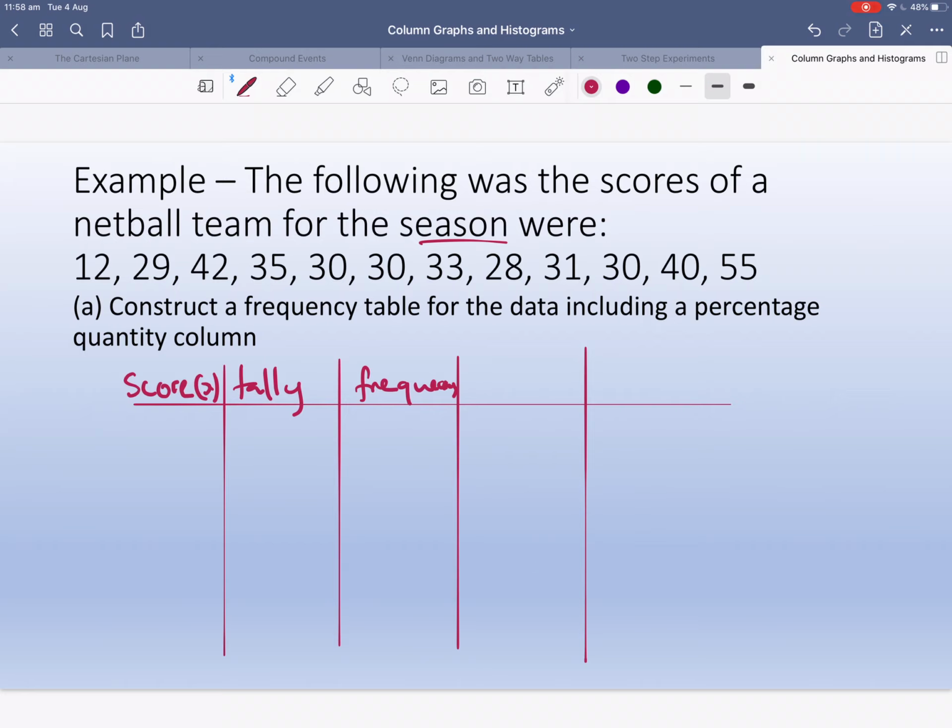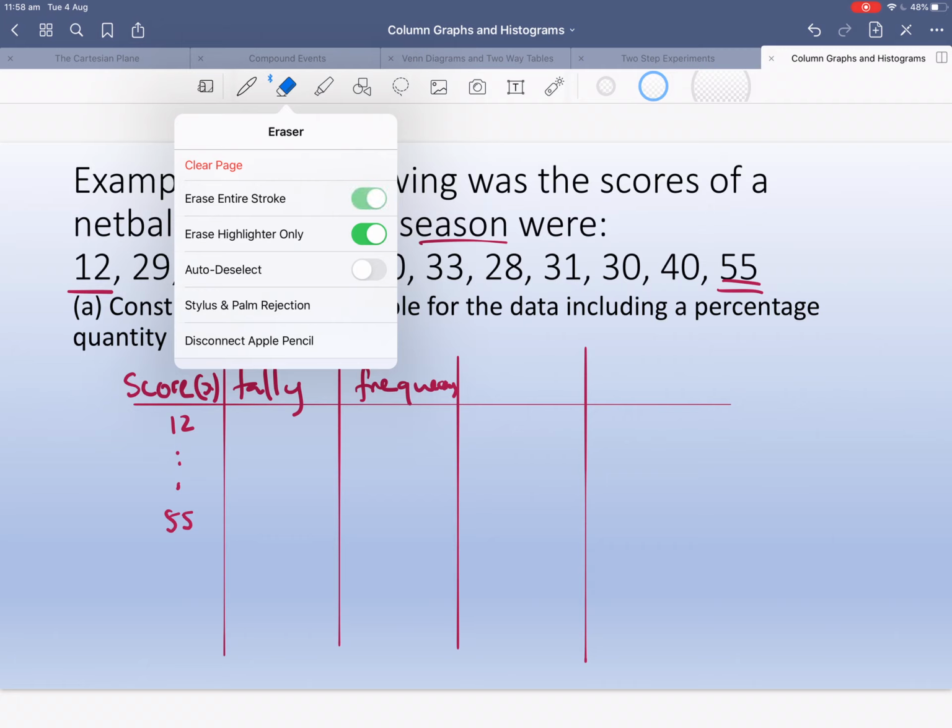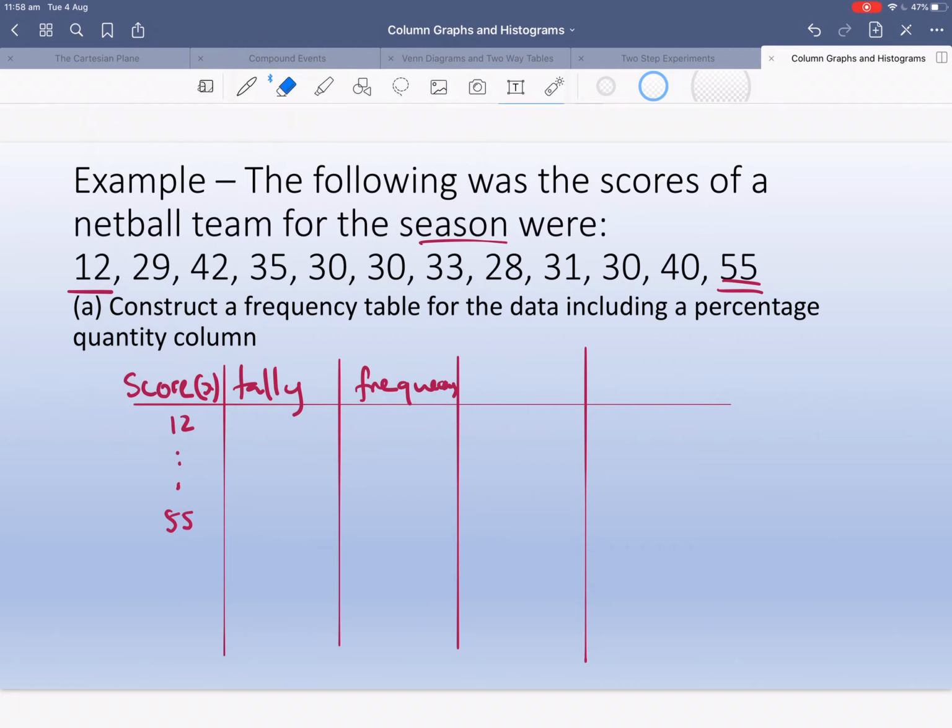Let's get going. The first thing I do is I look at the lowest number and I look at the highest number. I think the highest number is 55. Now, if I were to go from 12 all the way to 55, that's a lot of scores to do. So I'll make classes.